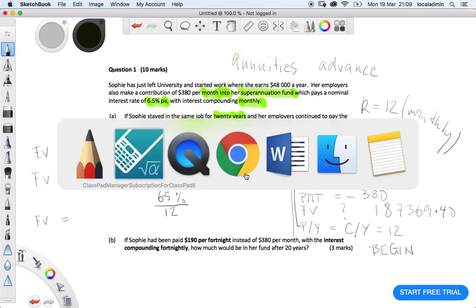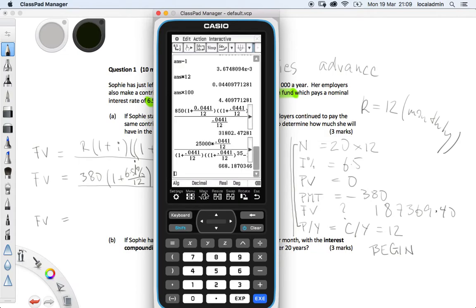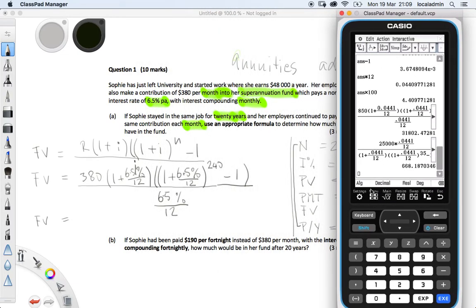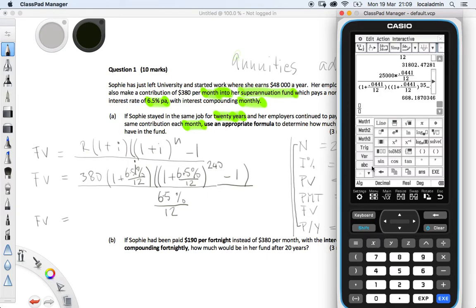And the bracket there again. Let's use our graphics calculator in Main. Bring that over here. Keyboard, we want a fraction, then 380.